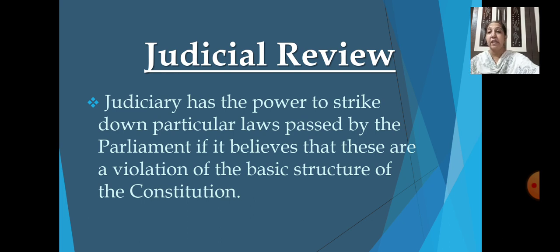Strike down means it can cancel that particular law passed by the Parliament if the judiciary believes that these are a violation of the basic structure of the Constitution. Suppose it is not as per the Constitution, then the judiciary has the power to strike down or to change or to review that particular law.